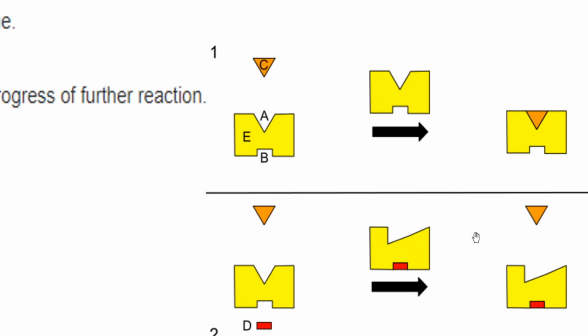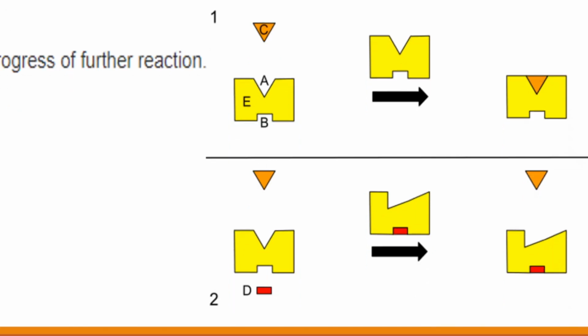So I think you might have understood that an allosteric inhibitor is an inhibitor which binds to our enzyme at an allosteric site, which is not the active site, but it changes the conformation of the active site so that our substrate cannot bind to the enzyme. I think this revision is enough.